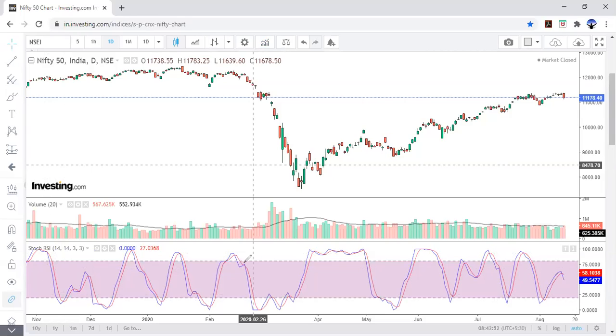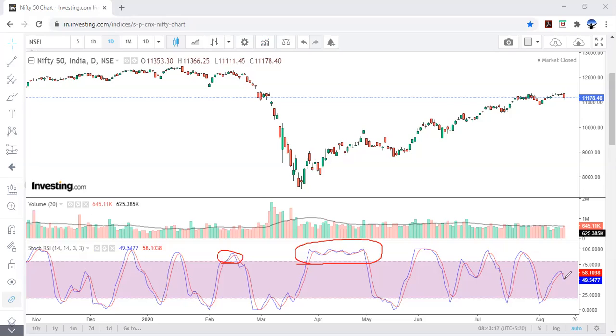Now as per this data, it is overbought. The same situation is here. It is overbought. But as yesterday, you can check that whenever the line crosses the other, as shown here, the sell signal is given by the oscillator and the market turns from here.